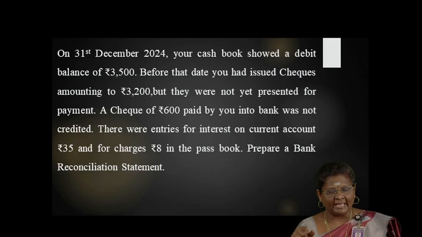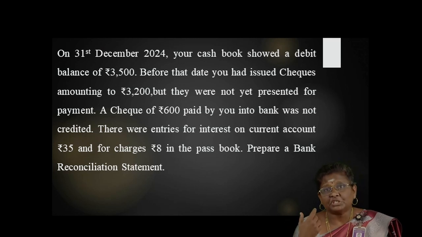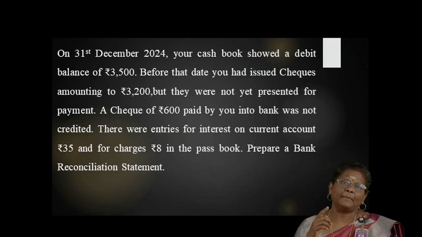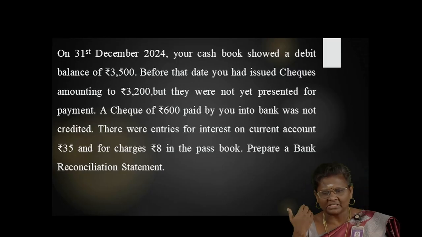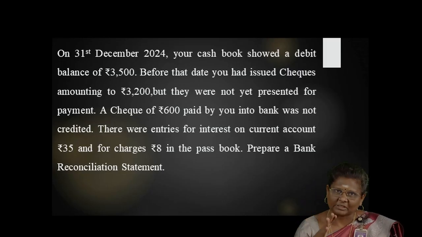Before the date, you had issued checks amounting to rupees 3,200. So we issued a check to someone, but it was not presented for payment. When we issue a check, the amount is deducted from our cash book.